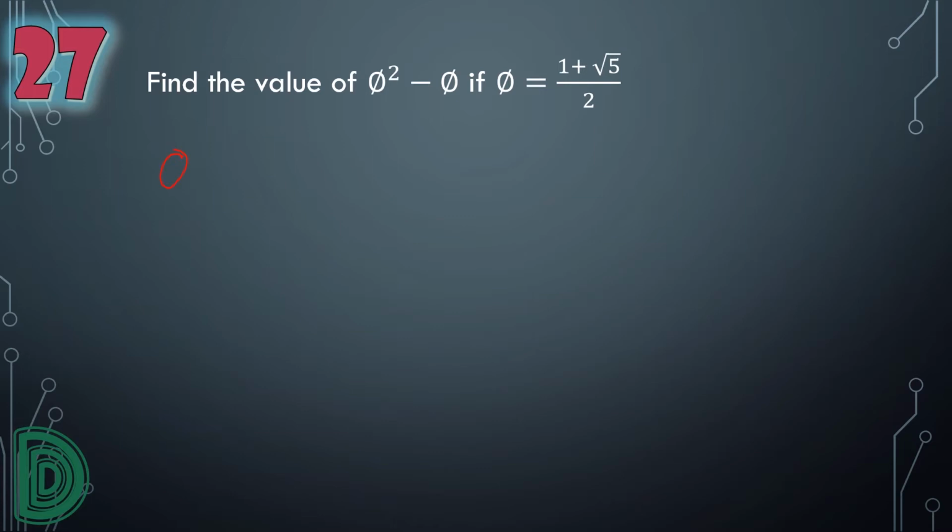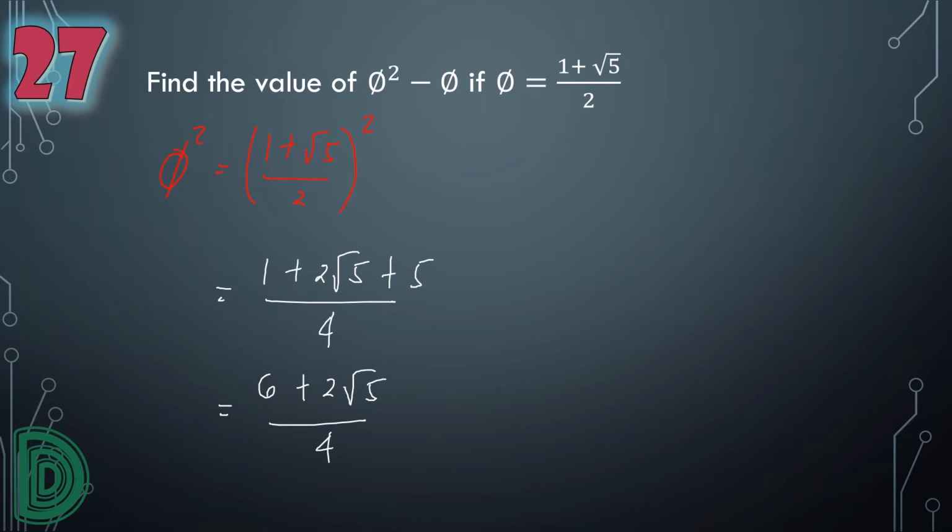Hence, we have p squared is equal to 1 plus square root of 5 over 2 squared. So in the numerator, we have 1 plus 2 square root of 5 plus 5 over 4. Hence, we have 6 plus 2 square root of 5 over 4.